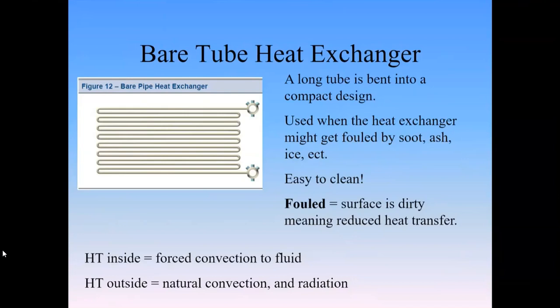And when it's dirty, we use the term fouled. So I don't know if you guys have heard that term before or not, but fouling of a heat exchanger means we've lost the ability to exchange as much heat because the surface is dirty. So that affects the amount of heat transfer that can happen. Okay, so our bare tube is our most basic type of heat exchanger.